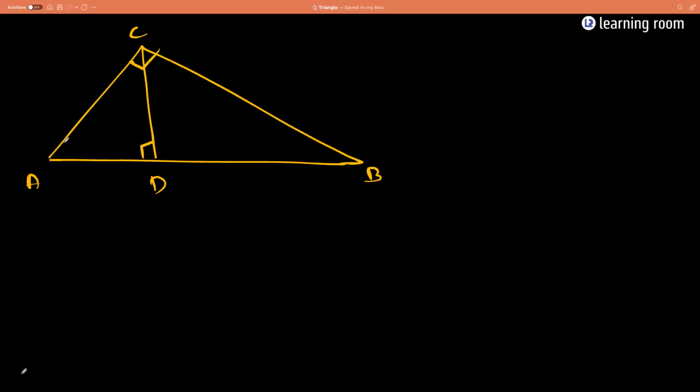This is also 90 degrees. Listen to this carefully. If this is theta, how much will this be? 90 minus theta. Then this angle will be theta.